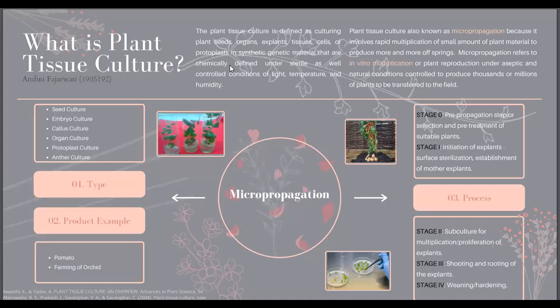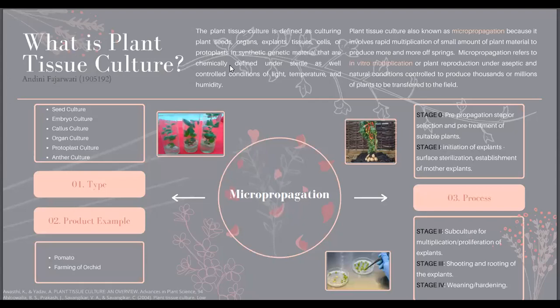So for the disadvantages of tissue culture, it costs a lot of money because it needs a laboratory that can be a place to do this micropropagation or plant tissue culture, and there can be failure in the plant.